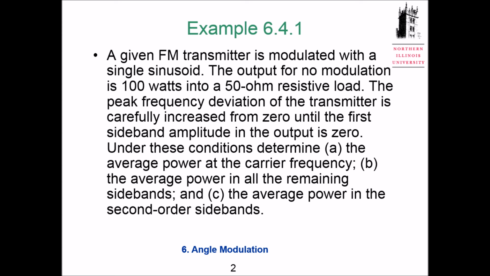So here it says the power for the output for no modulation is 100 watts. Is that the carrier power? That's not equal to the total power, is it? For an unmodulated signal, the total power is the carrier power. But when it's modulated, the power will be split into different sidebands. All right, so when we're saying 100 watts, that's the carrier power, even when it's modulated?